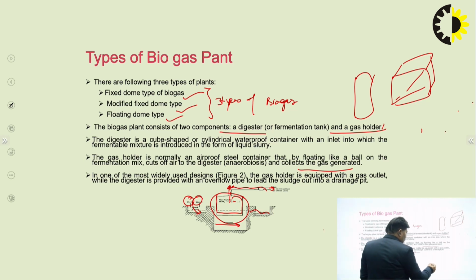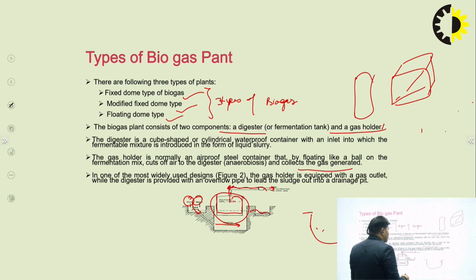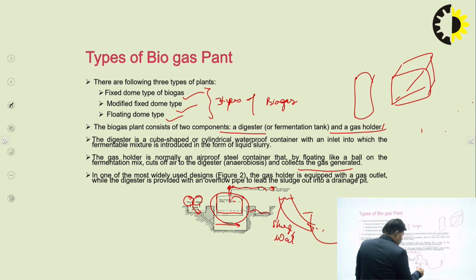Here I'll draw one chamber, which is called the digester. The input comes in from this side: the slurry, or some wastage, or the dung, and the water. There is also a gas chamber.